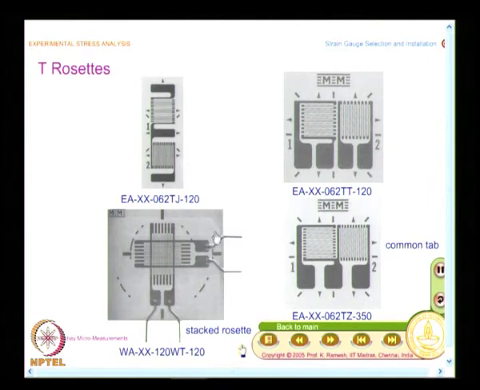And I have also mentioned you also have stacked rosettes available, because you should see that stacked rosette, then only you will find out if I want to get the strain at this point, stacked rosette is very good from that point of view, because the approximations involved are less, and in this you have a variety of patterns available.